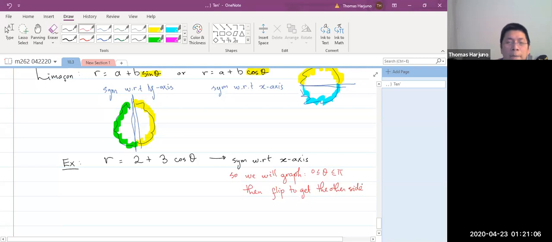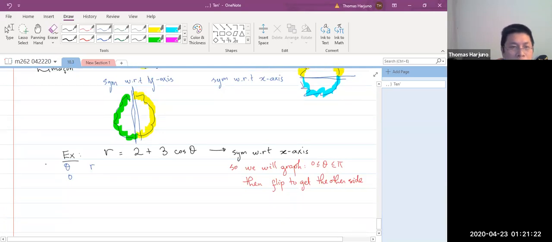Is it okay? Yeah. Now, originally, when we do the graphing, we would do theta equals 0, then 15 degrees, 30 degrees, and so on. We do it faster now. Instead of 0, 15, 30, we will do 0, 90 degrees, 180 degrees only.